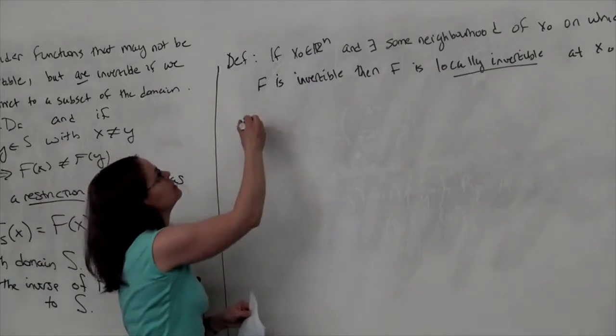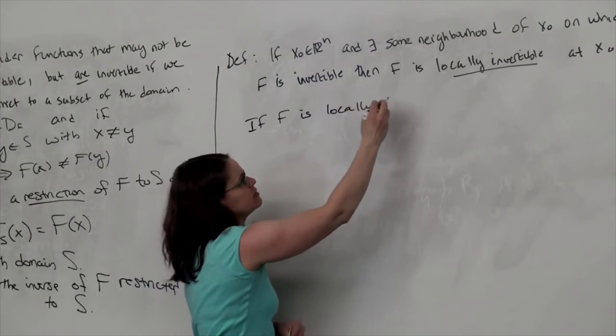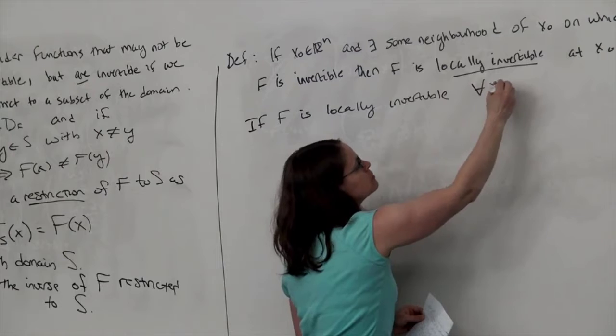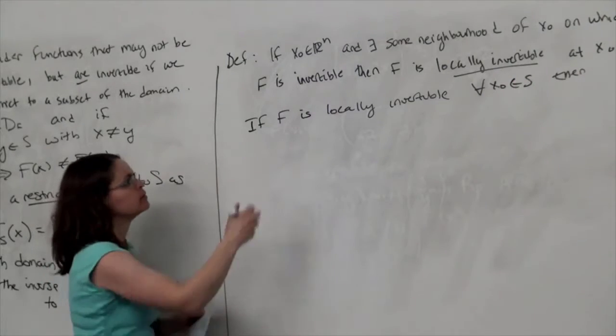And if f is locally invertible everywhere on a set, then we're going to say it's locally invertible on the set.